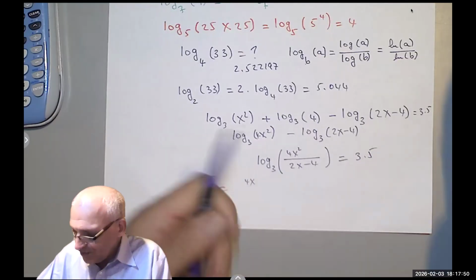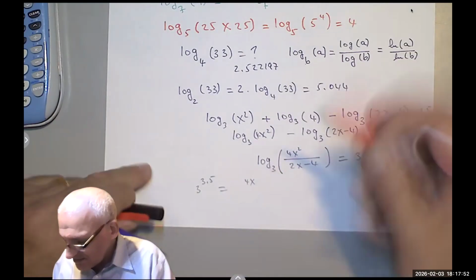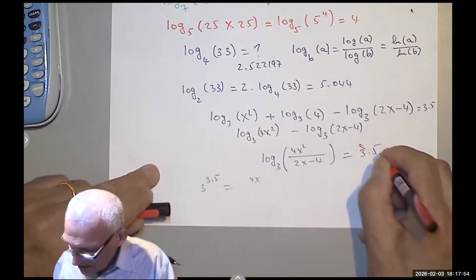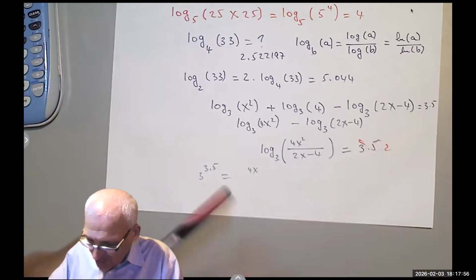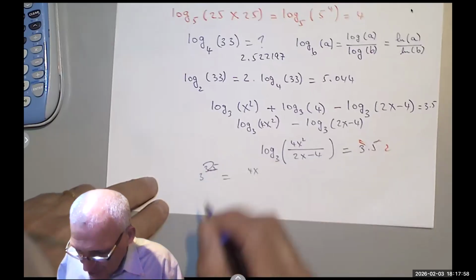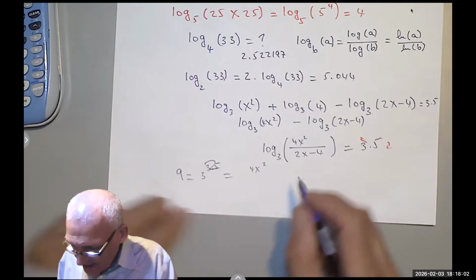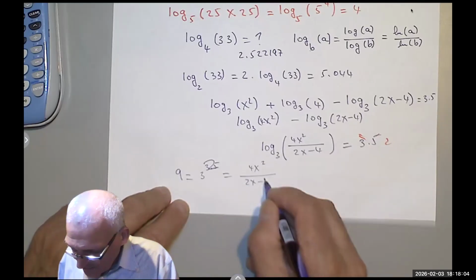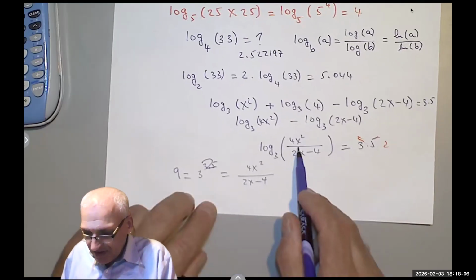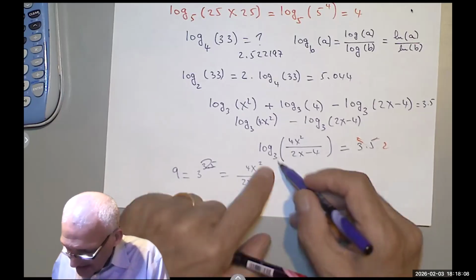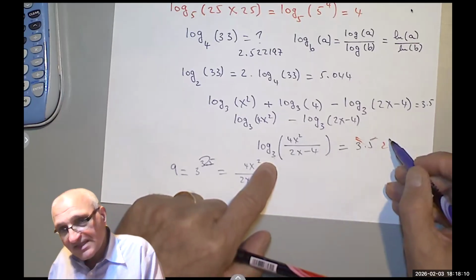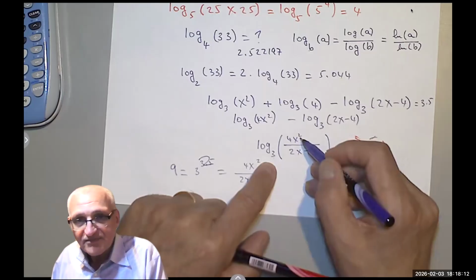Let's say that we give you, I'm just making that on the run. So 3 squared or 9 equals 4x squared over 2x minus 4, right? Because now I said base to the power of the right-hand side equals whatever I have.